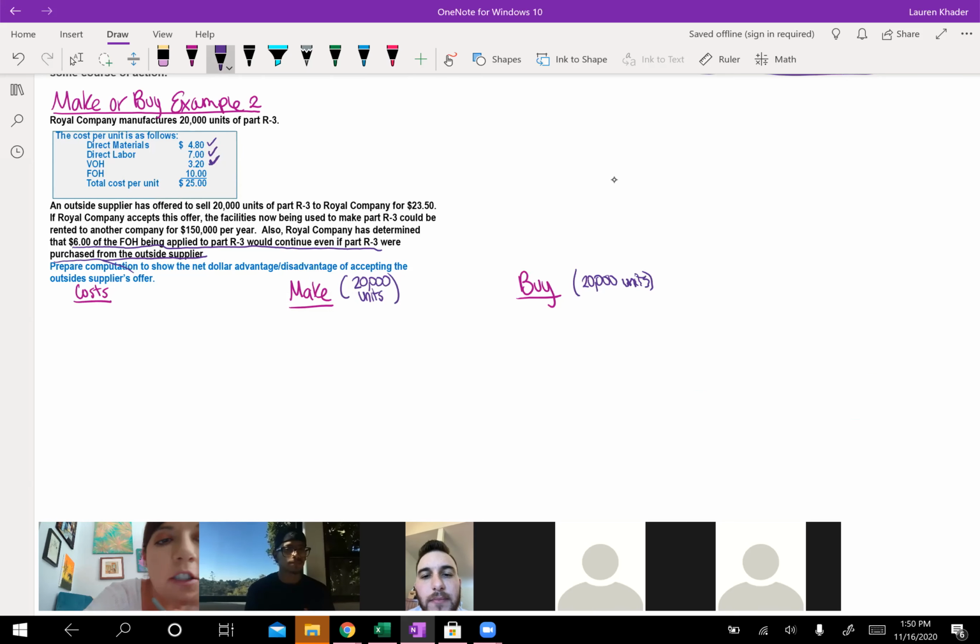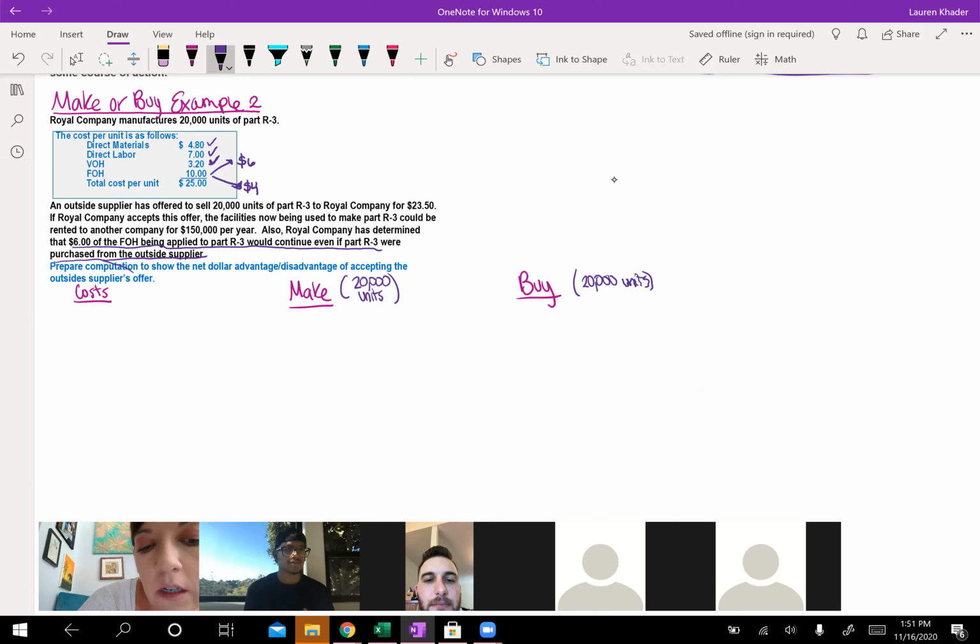Fixed overhead. Can I just eliminate the whole amount? No. We have two amounts. We have $6 and we have the $4, right? Because they mentioned $6. Which of these amounts is relevant?